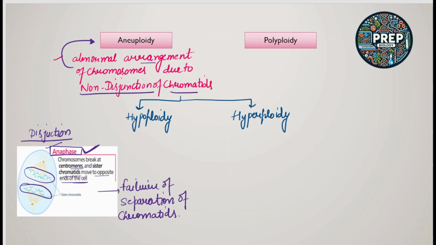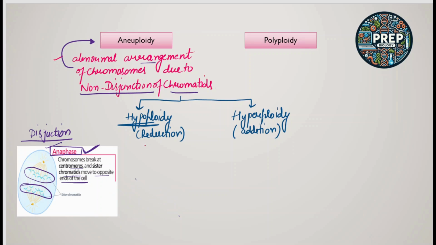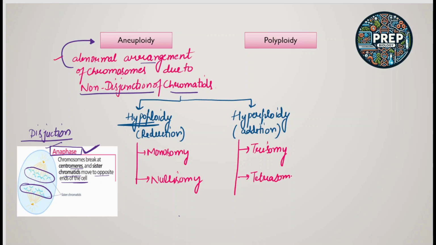Hypo means reduction of chromosomes, but hyper is high, that is the addition of chromosomes. Under hypoploidy we have two categories, monosomy and nullisomy, and under hyperploidy we have two categories, trisomy and tetrasomy.